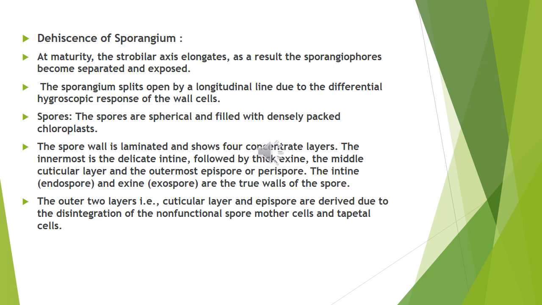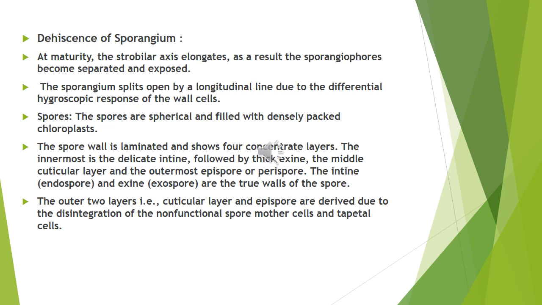Now the spores, which are liberated through the sporangium. The spores are spherical and filled with densely packed chloroplasts. The spore wall is laminated and shows four concentric layers.